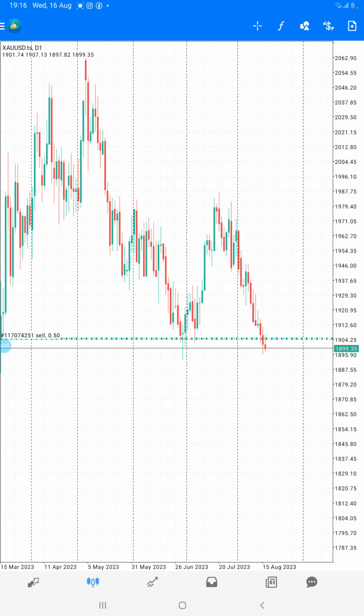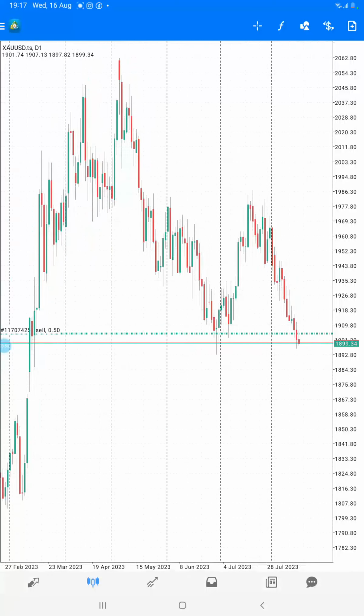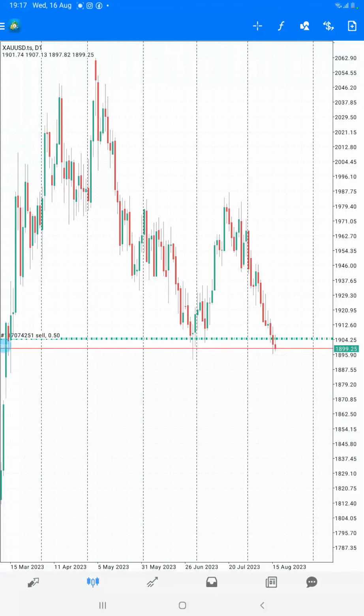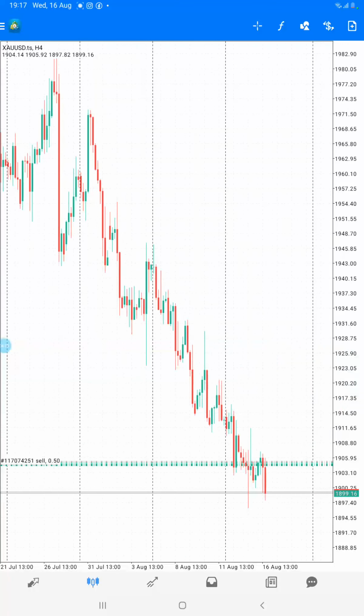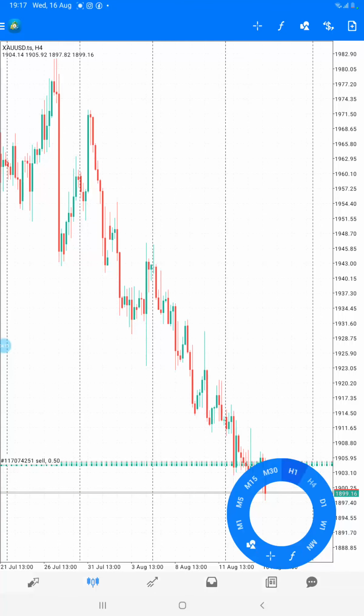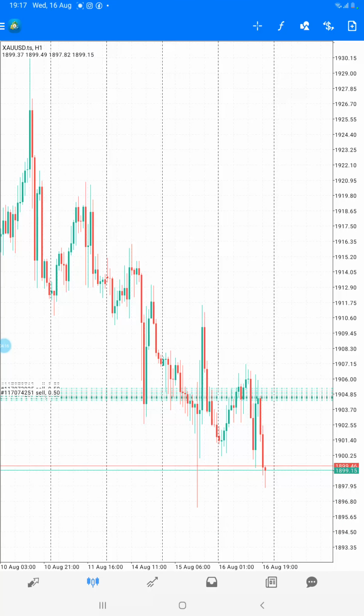This is the daily time frame. Then we continue to trade with the trend. This is the 4-hour time frame. We still continue to trade with the trend. In 1 hour, this is exactly what is happening. We still continue to trade with the trend.